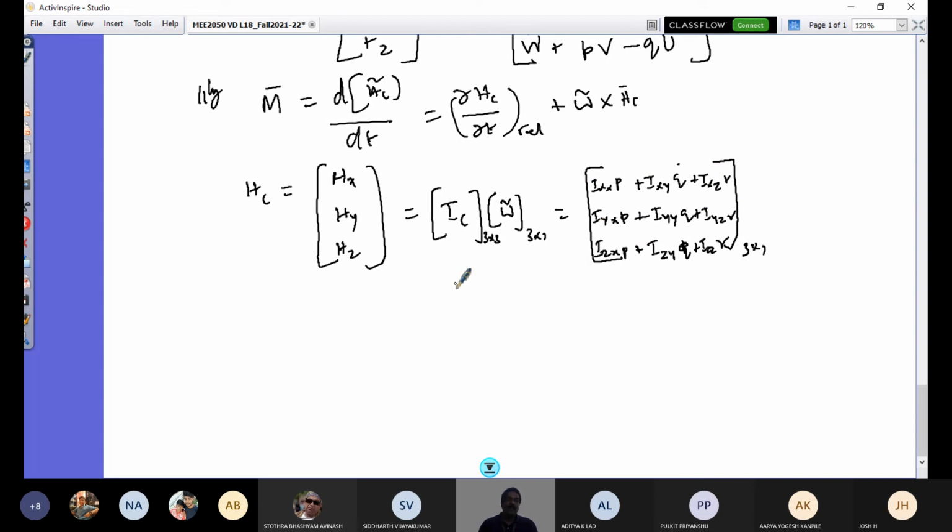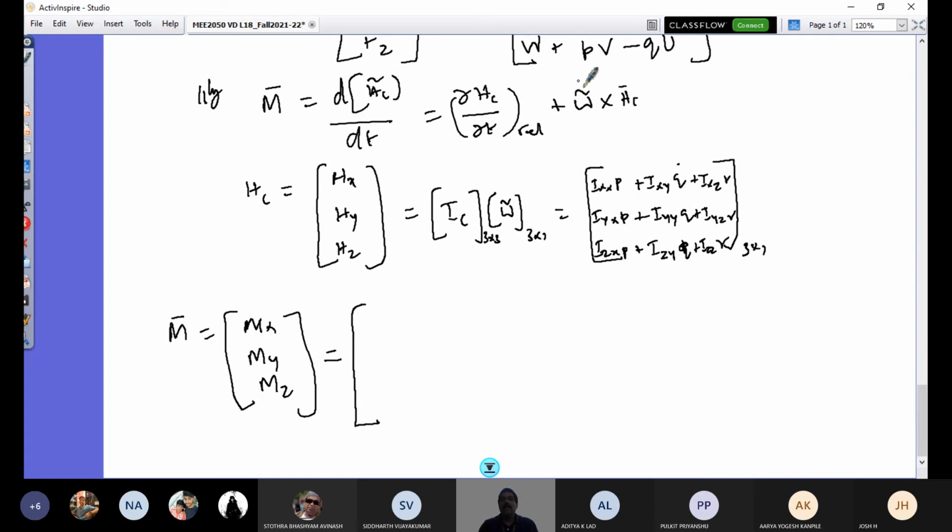And now it's straightforward. So this h dot, if I do it, what is my m vector? That's going to be mx, my, mz, 3 equations. Like the a vector, ax dot, ay dot, az dot, or u dot, v dot, w dot that you have written. Now this term would all be there with the derivative, because Ixx, Iyx and so on are all constant quantities. They are not varying with respect to time, whereas p, q, r are varying with respect to time. So I will have the first term like u dot, v dot, w dot in the force equation.